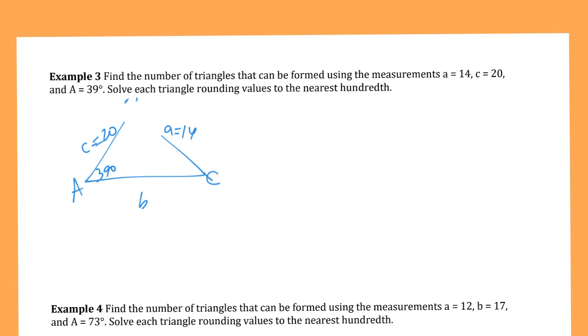Can't draw at the board, but you'll notice that the 14 is short enough to probably fit inside and outside of this triangle. There's 2 positions that second one will fit. It's kind of like you get a puppy, you can bring it outside and inside. So if this A side was actually like 30, longer than that 20, it would have to stay outside this figure.